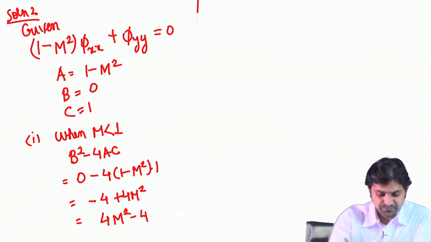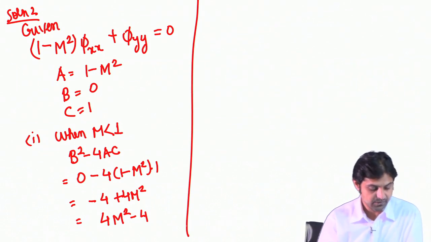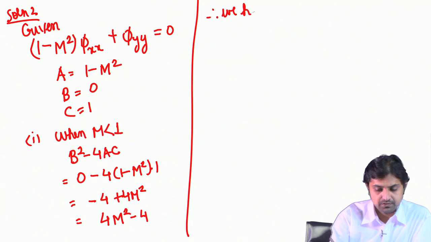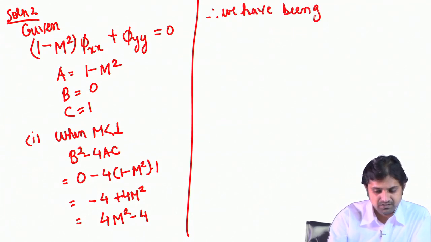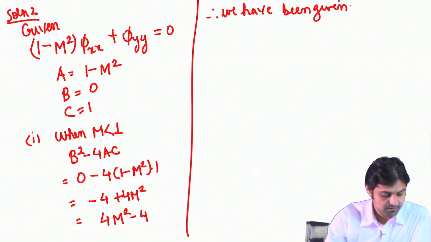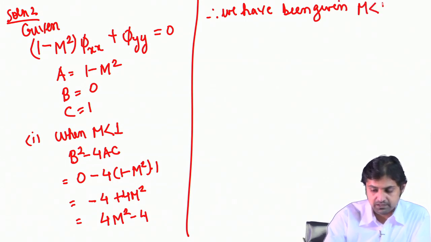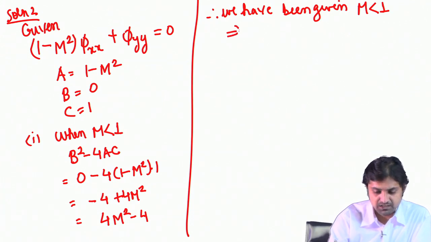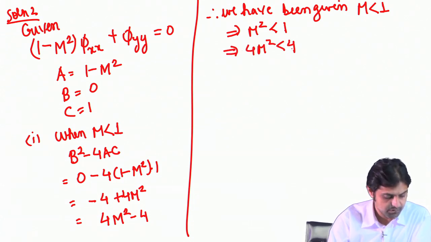All right, we have been given m is less than 1, right? It implies m square will also be less than 1, which implies 4m square is less than 4, right?